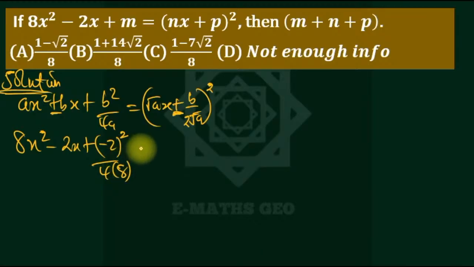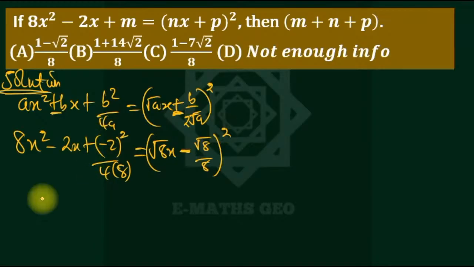So what will be the value that we'll get? So here the square root of this is root 8x. We have minus. Why the square root of this is 4? Well, so square root of that is 1 over root 8, which is root 8 over 8. Yes, 1 over root 8. That's the square root of this, all squared.